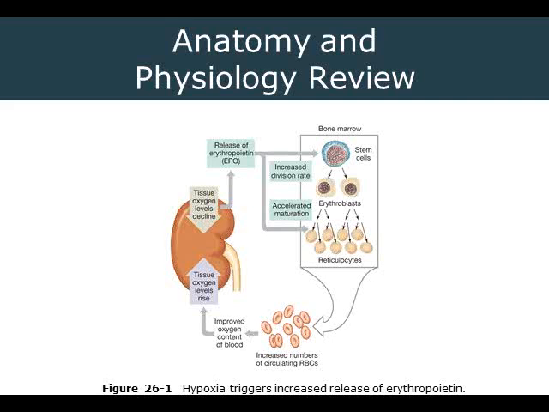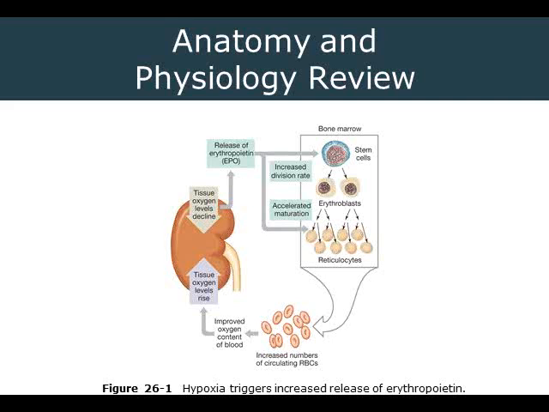So we have erythroblasts, and those erythroblasts are immature red cells, and it does take some time for them to mature, a couple of days in most cases, to get to full maturity.